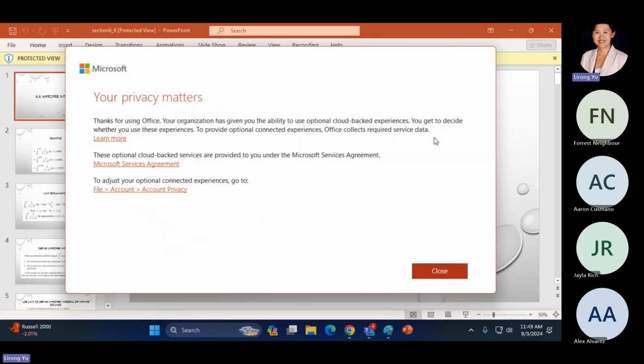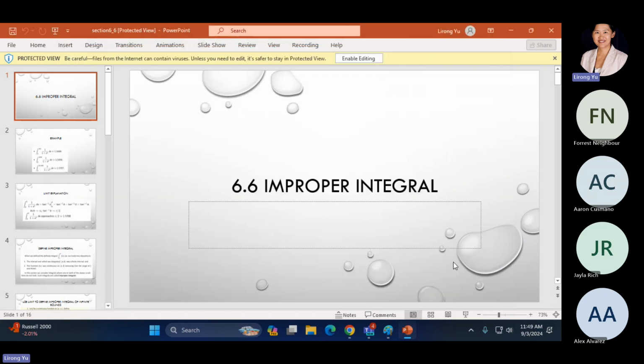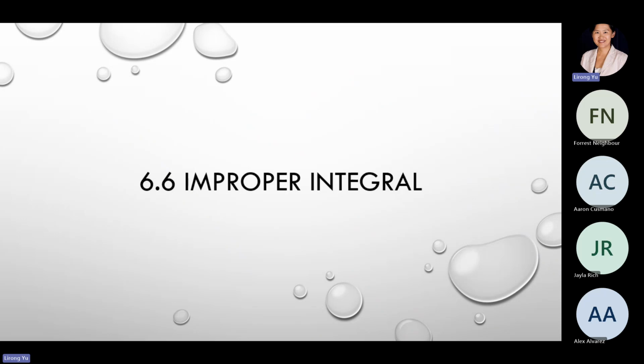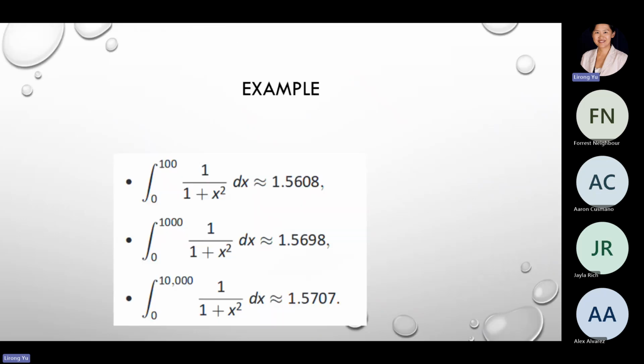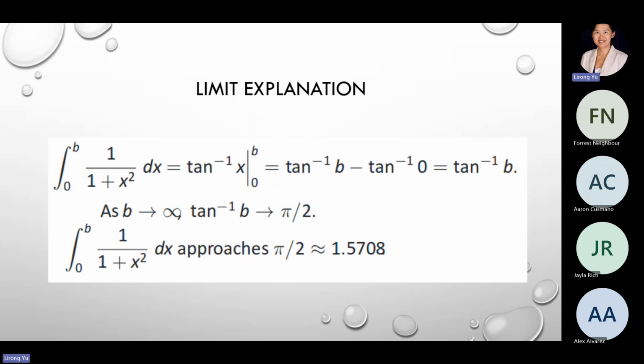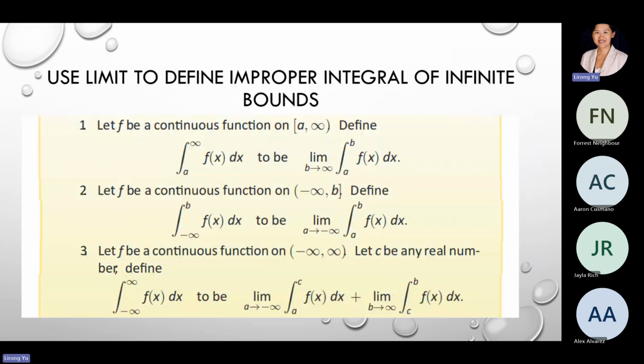Right, in 6.6, we deal with some special integrals where either the integration limit involves infinity or the integration function involves infinity. We started with when the integration bounds involve infinity. If the integration interval involves an endpoint that is infinity, what we can do is change that to a finite integration limit.